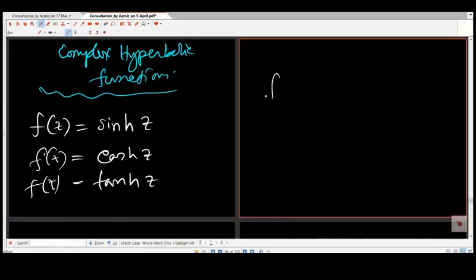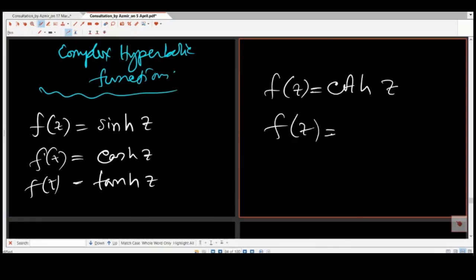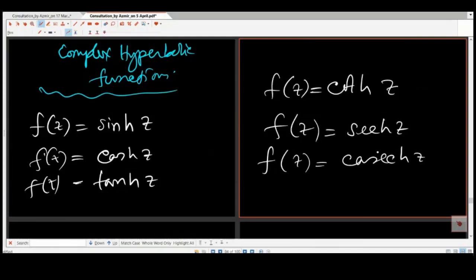We can also think about f of z equals hyperbolic cotangent of z, f of z equals hyperbolic secant of z, f of z equals hyperbolic cosecant of z.